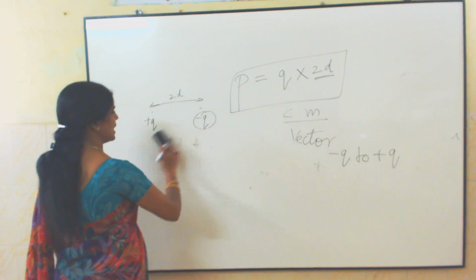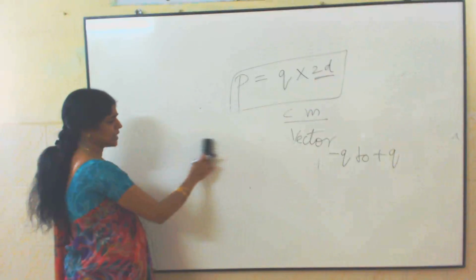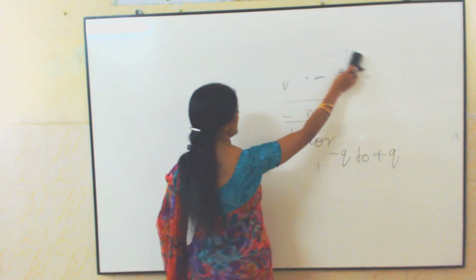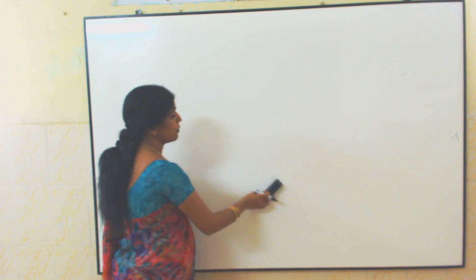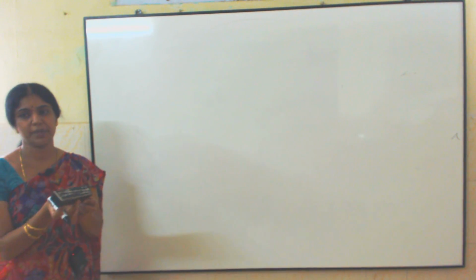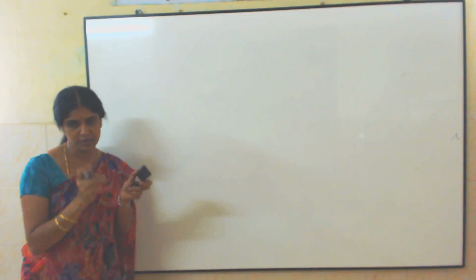Now, we will see some examples for electric dipoles. So, what is my electric dipole? There should be two equal and opposite charges. They should be separated. They should not coincide with each other.